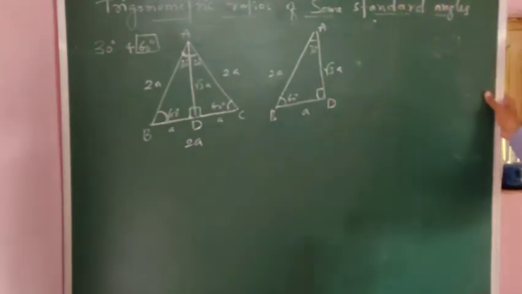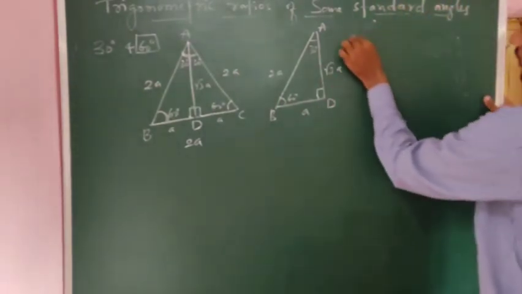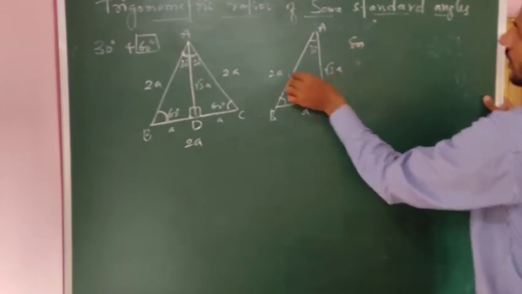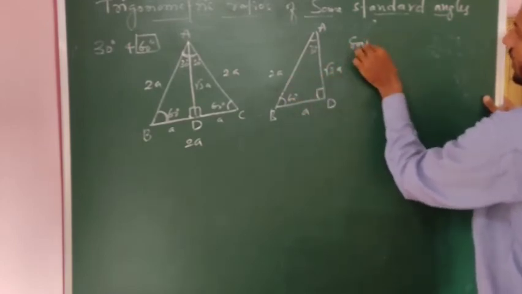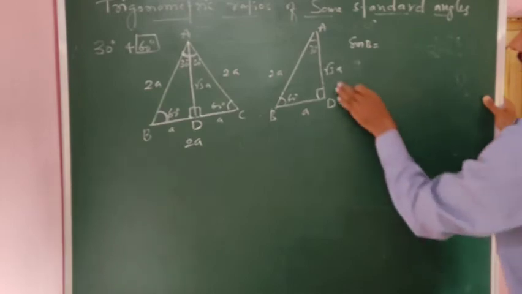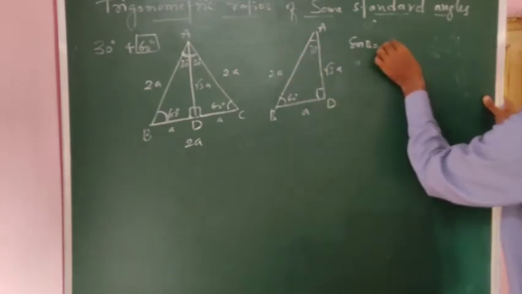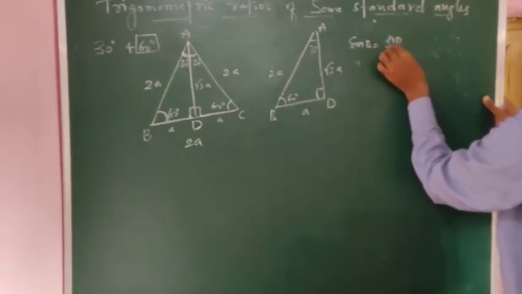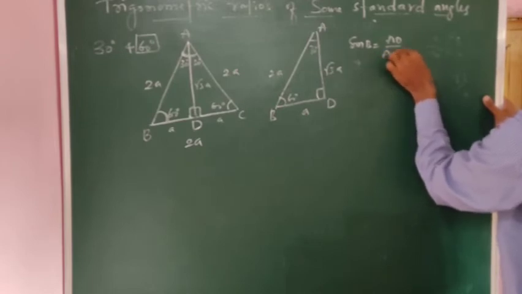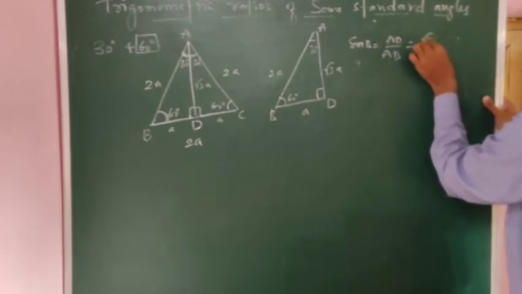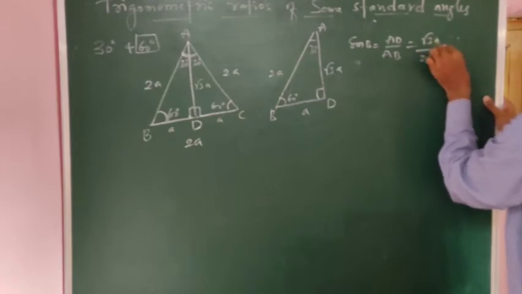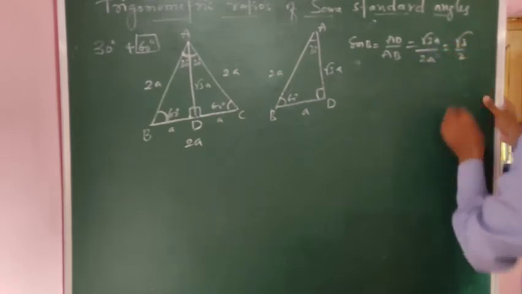Now again simplify by using trigonometric ratios. Sin 60 degree is sin B. Sin B is perpendicular by hypotenuse, that is AD by AB, root 3A upon 2A, which is root 3 by 2.